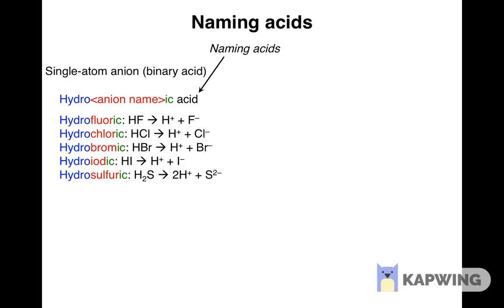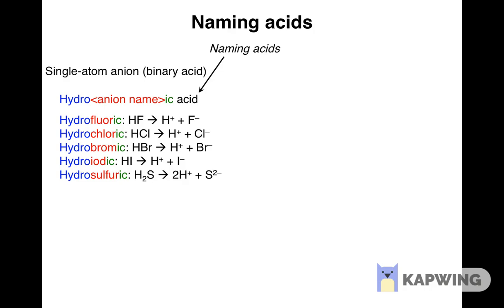If the anion is formed by a halogen, then the charge of the anion is always minus. So in order for the acid to be overall electrically neutral, there must be one hydrogen atom per halogen atom, as in hydrochloric, hydrofluoric, hydrobromic, and hydroiodic acids.